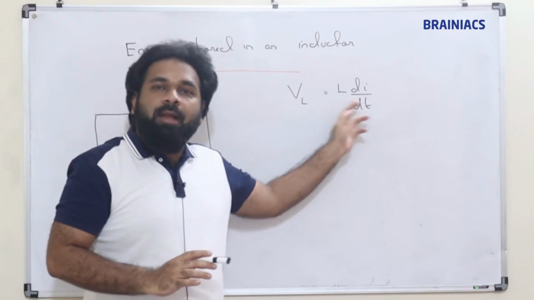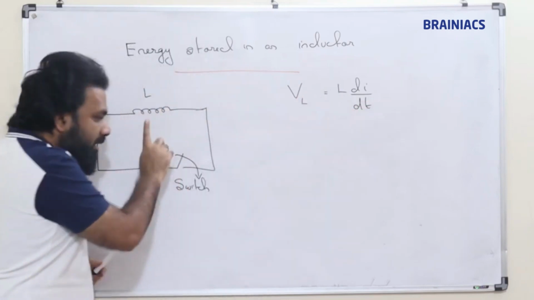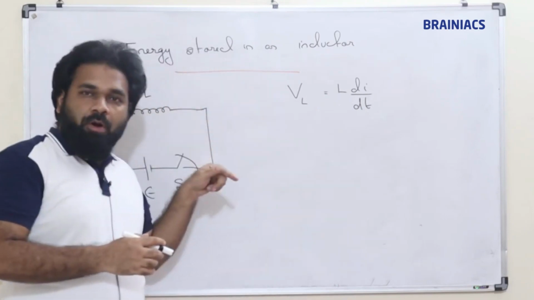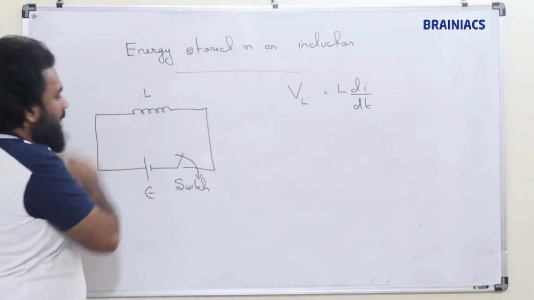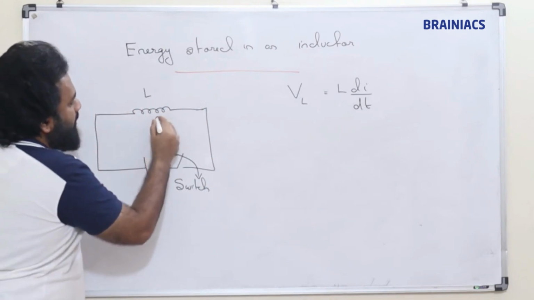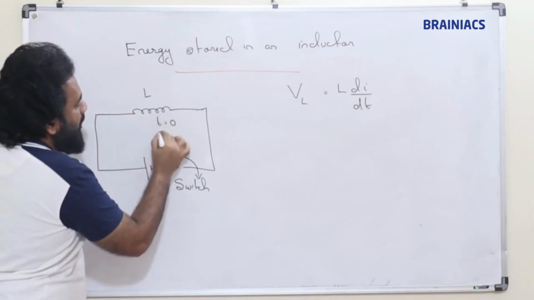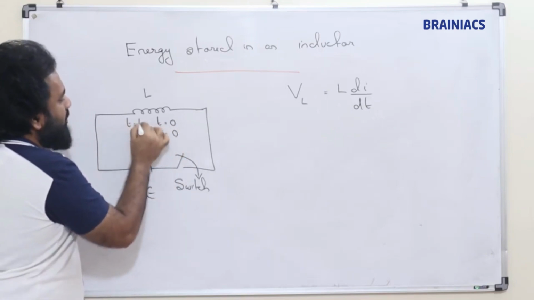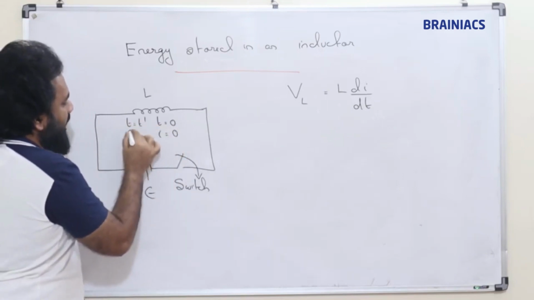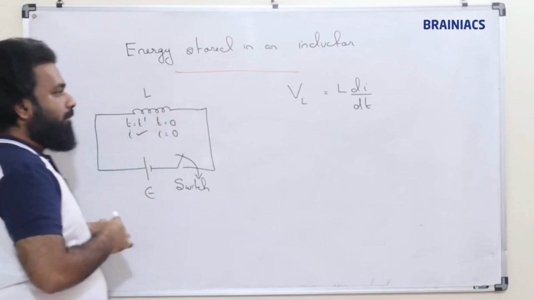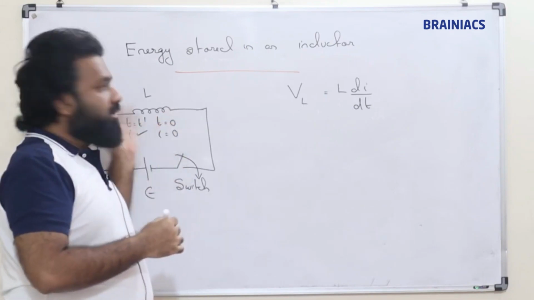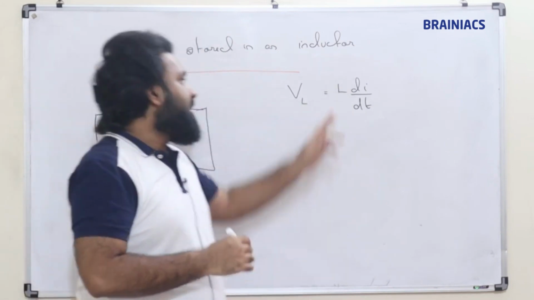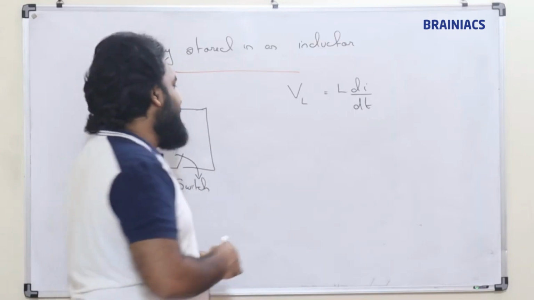Immediately when it is switched on, it was zero current. At time t equal to 0, I was 0. At time t dash, I started coming. So this immediate change will be opposed, so there will be an induced EMF to oppose that, which is L di by dt.